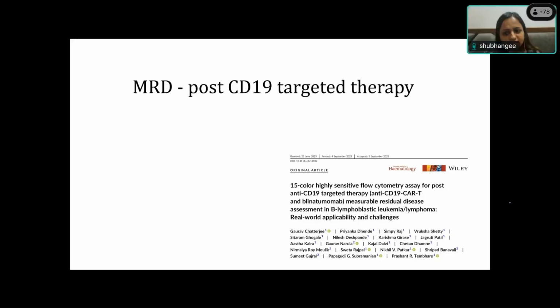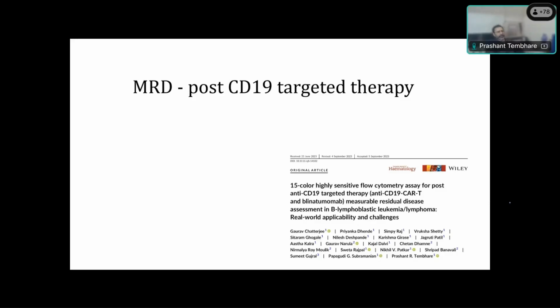Okay, sir. Next is, how many events should be analyzed to do next generation flow MRD? What we have recommended as part of the consensus recommendation is at least 4 million viable singlet cells. That means you should have 4 million singlet viable cells to get a sensitivity of 0.0002% and reproducibility of 0.001%.